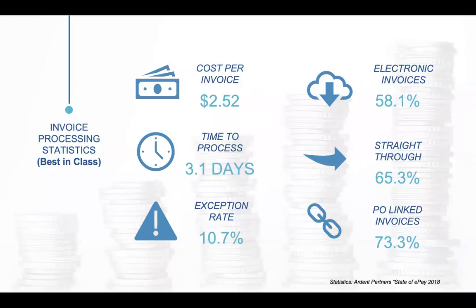Exceptions are cut in half, now at about 11%. By scanning invoices and increasing the percentage of electronic invoices from 20 to 58% within a single processing flow, straight-through processing goes from 19% to 65%. The end result, the overall cost of an invoice goes from 14 down to about 2.52. So you can see the impact is quite significant.